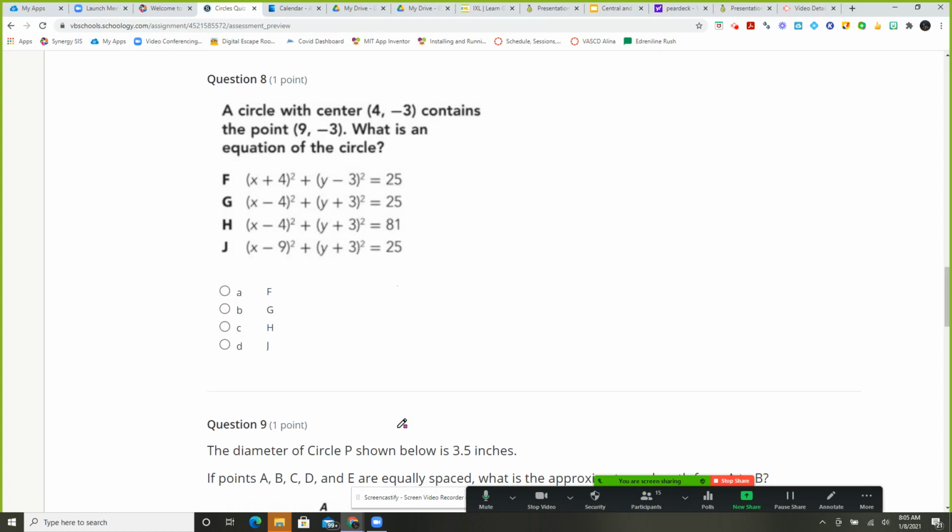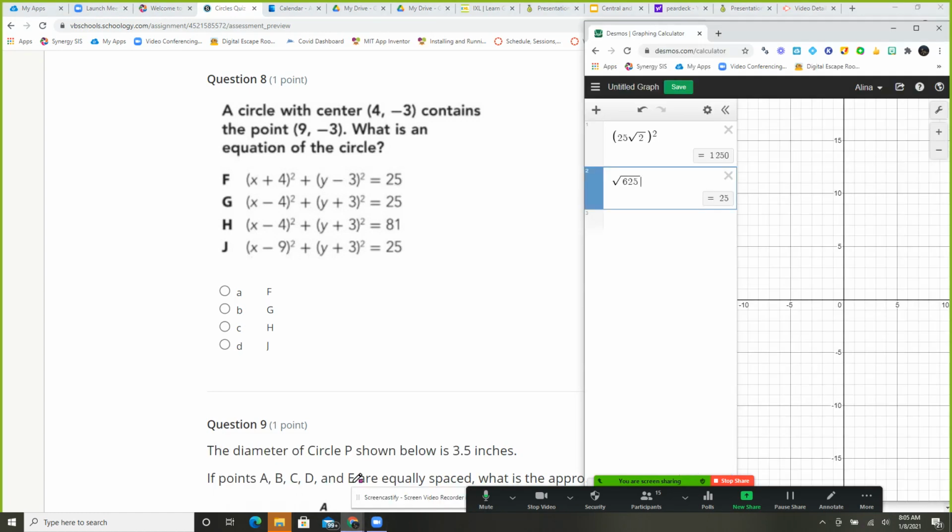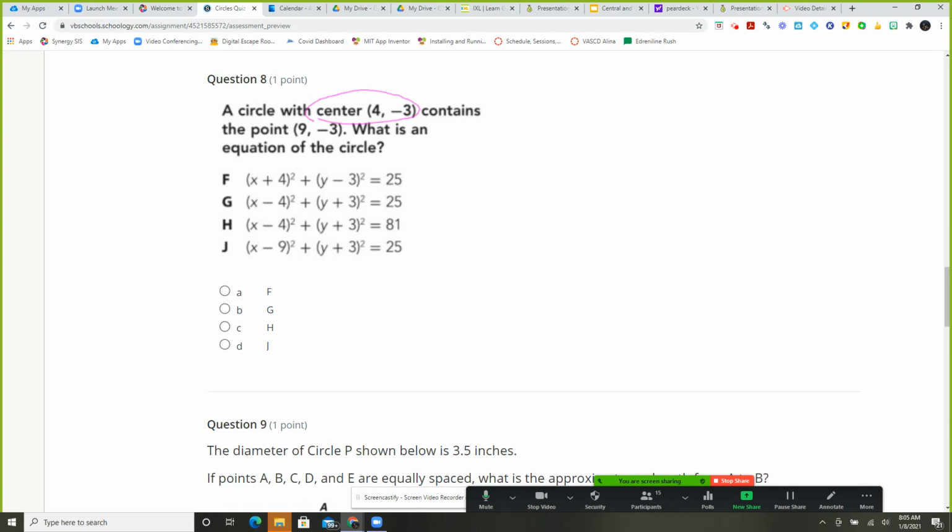Circle with the center at 4, -3 contains a point of 9, -3. So let me show you a shortcut way to do this. If you open up your Desmos, and you'll have access to Desmos, we can type in everything that we know. And honestly, we can maybe shorten this a little bit, because if I know the circle center is at 4, -3, I know it has to be a -4 in my equation and a +3.